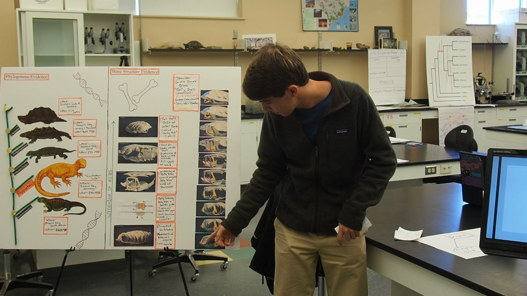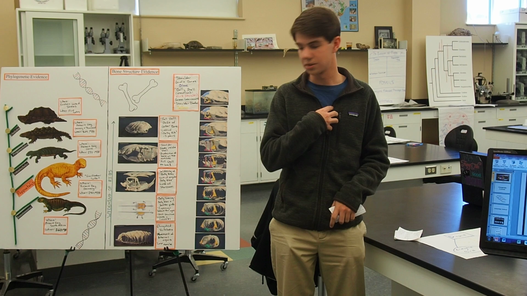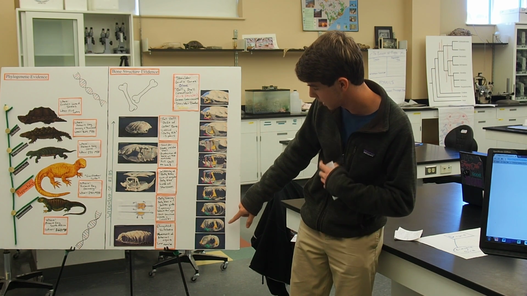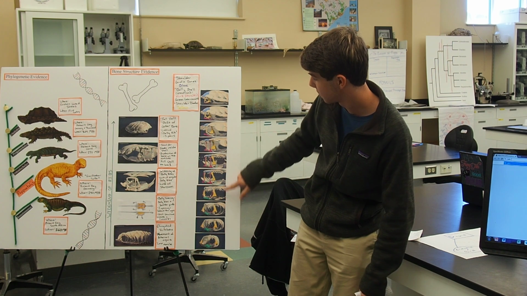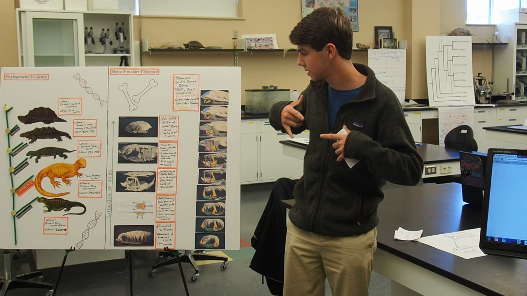And then the greenish blue is essentially your sternum. And as you can see, as the ventral plate and the shell develop, there's more of a need for support in the neck area.